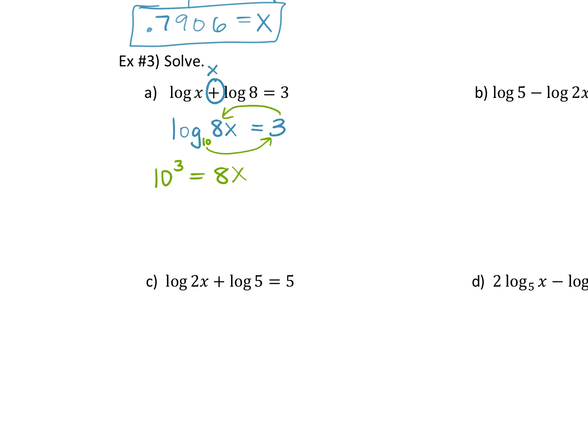Use it. 10 to the third is 1,000. So you're just going to divide by 8. And 1,000 divided by 8 is 125. Okay? Again, you could plug that into your calculator. The log of 125, enter parentheses, plus log 8, and you should get 3. Okay? So check your work if you're not sure.